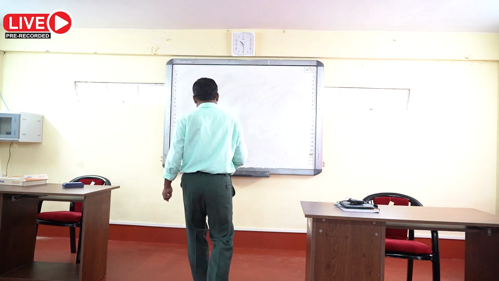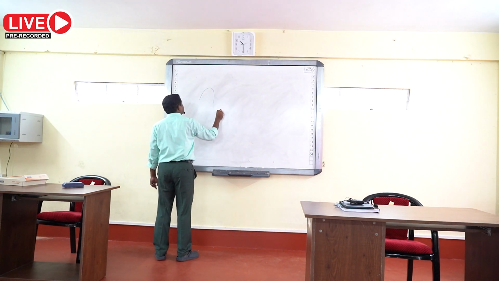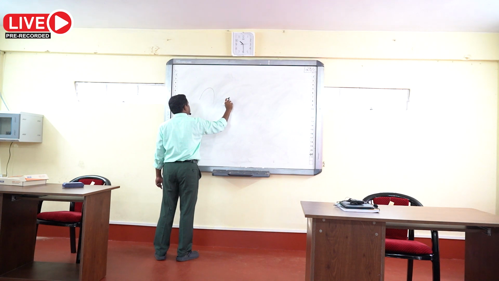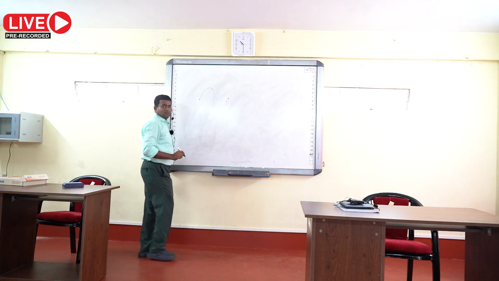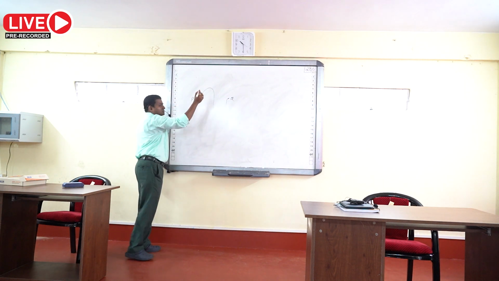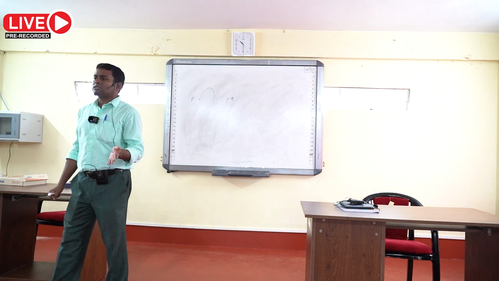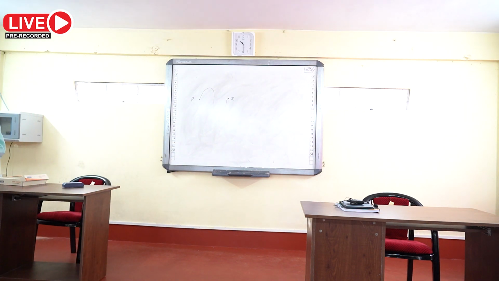Suppose a particle starts from here and goes up to this point. So it follows this entire path up to this point. The total length of the path traveled by the particle is called the distance traveled. It has no specific direction, so it is a scalar quantity.